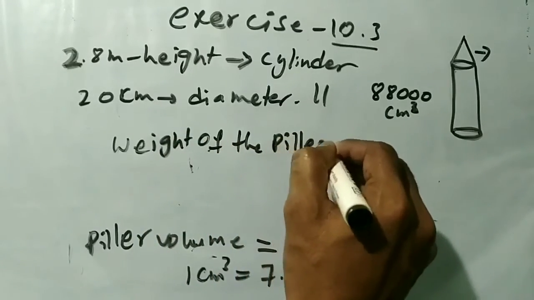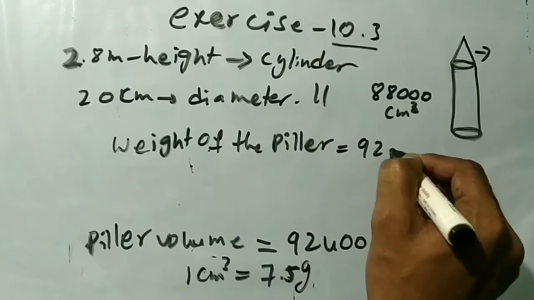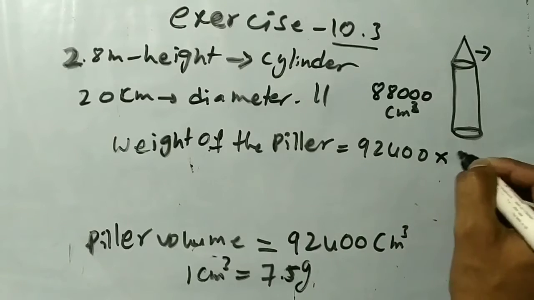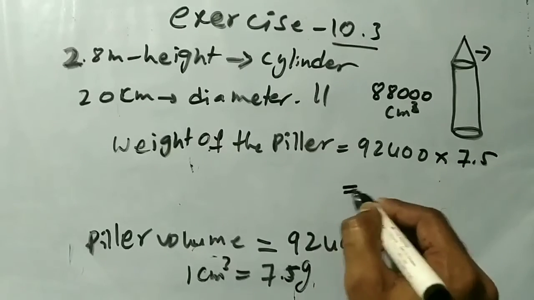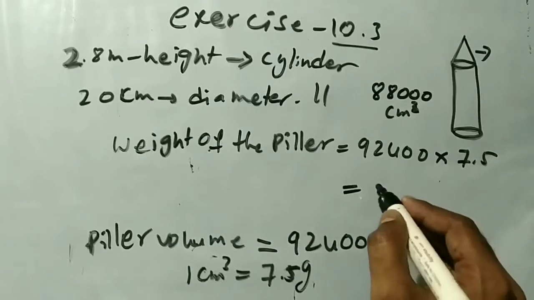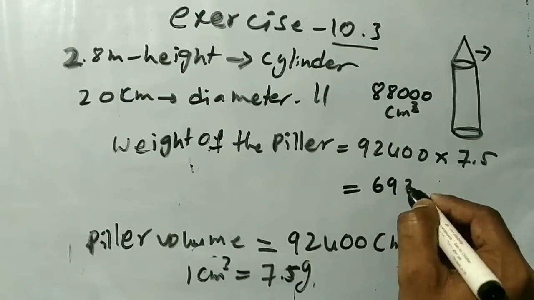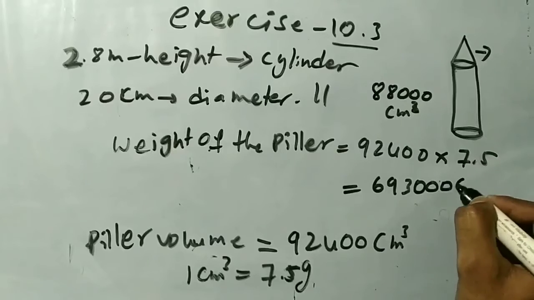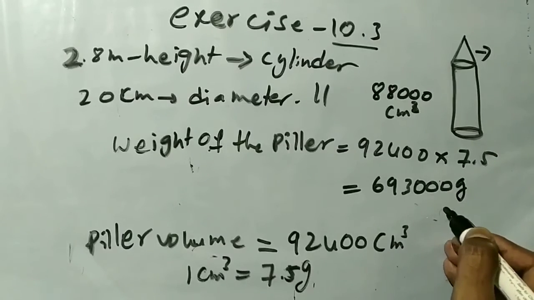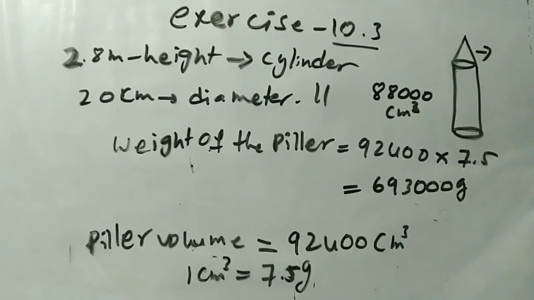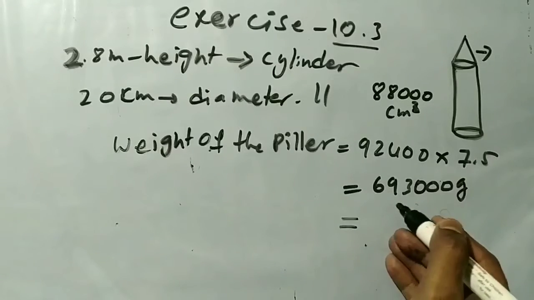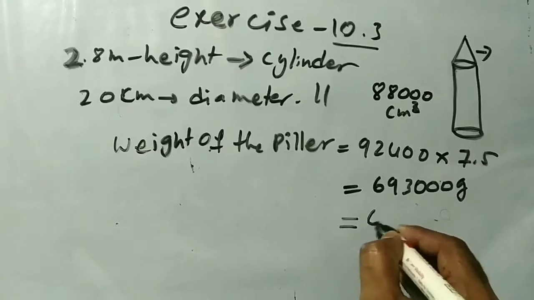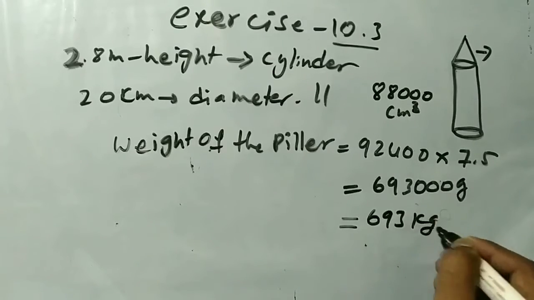Weight of the pillar is equal to 92,400 into 7.5. We get the final answer 693,000. This is in grams, so we can convert this into kgs. In order to convert this into kgs, just divide by 1000. That is 693 kgs. We got it.